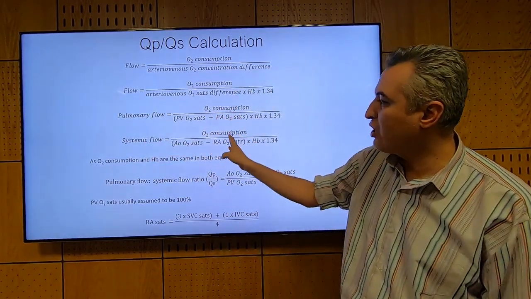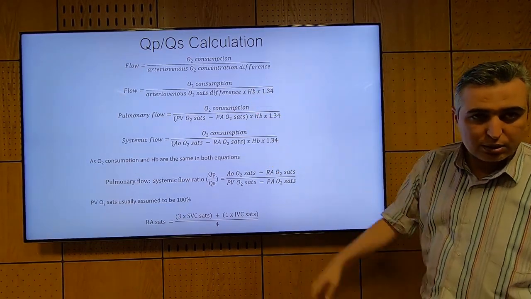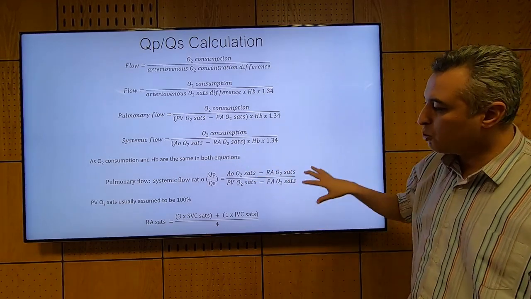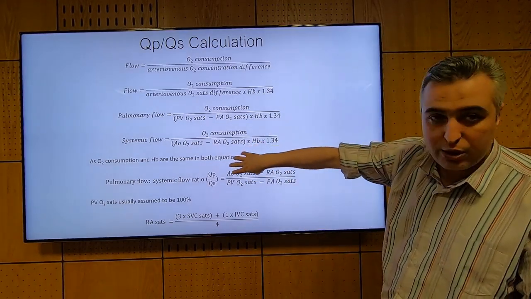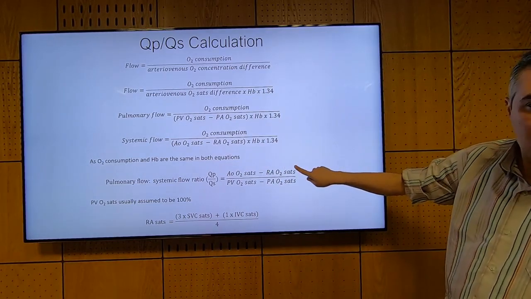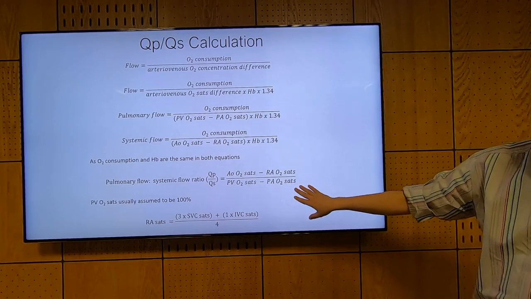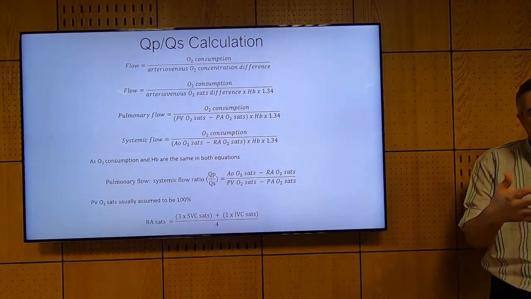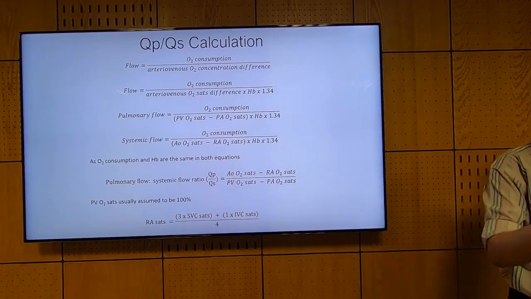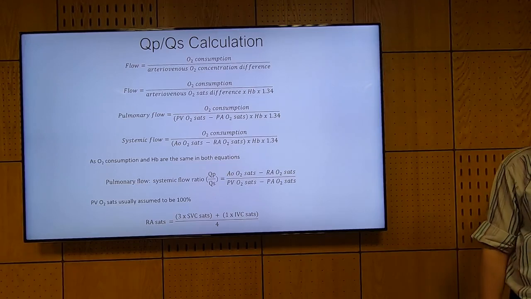So lots of things will be cancelled if you divide them together. Then you end up with a ratio between the difference in saturations between systemic arteries and systemic veins, to the difference between pulmonary veins and pulmonary artery. So the saturation difference across the systemic circulation over the saturation difference across the pulmonary circulation.